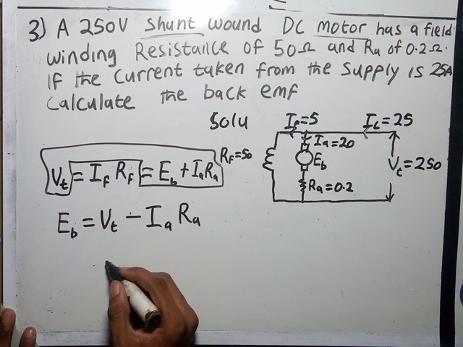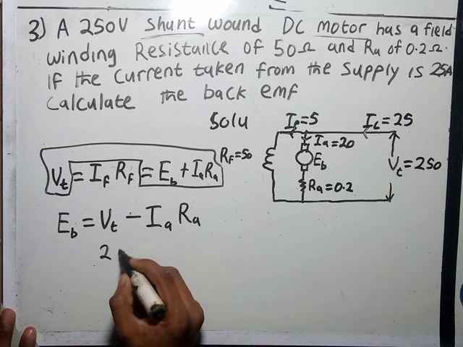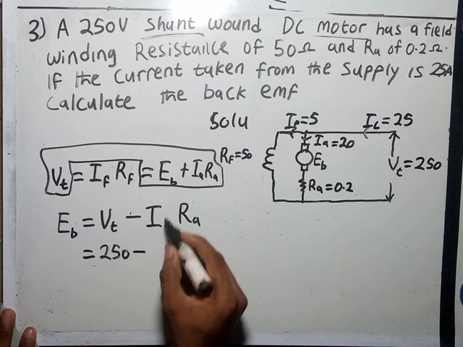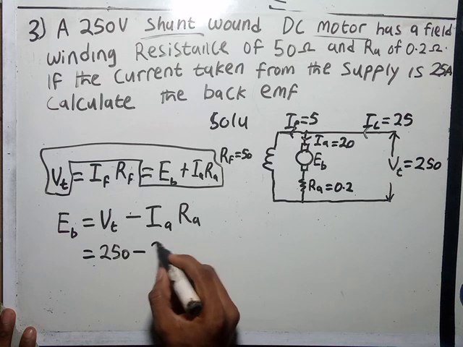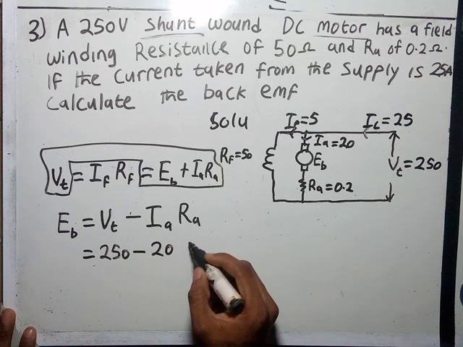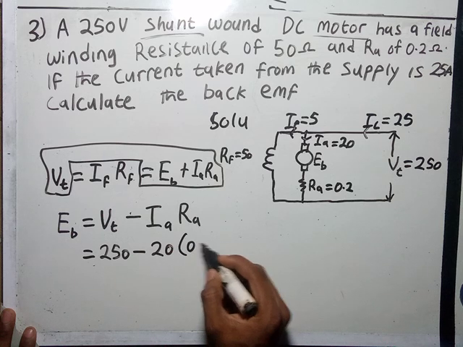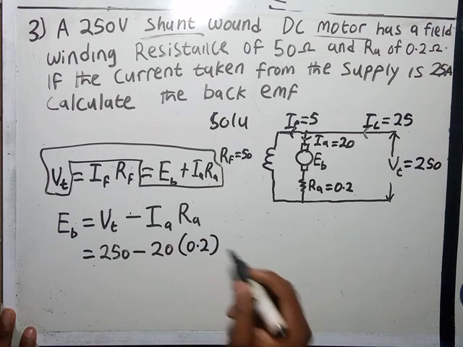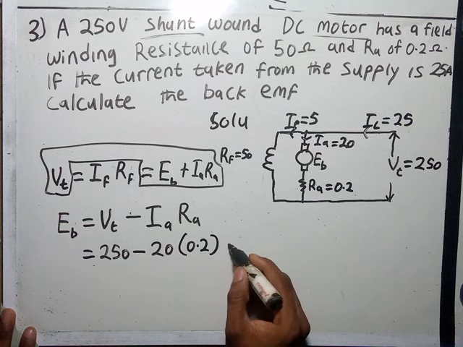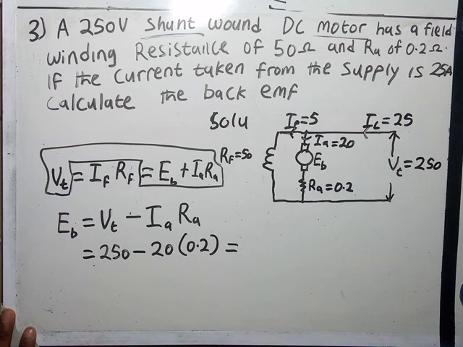Our VT is 250 volts, our IA is 20 ampere and our armature resistance is 0.2. With our calculator we can get our value.